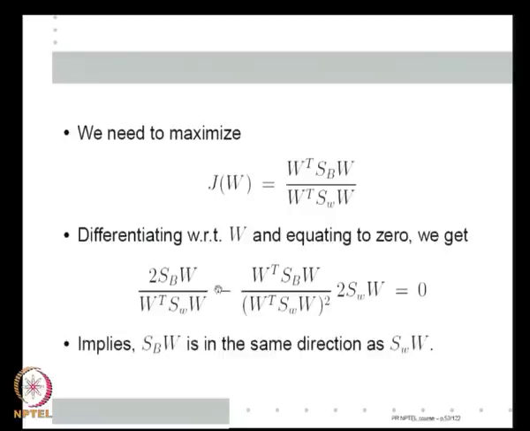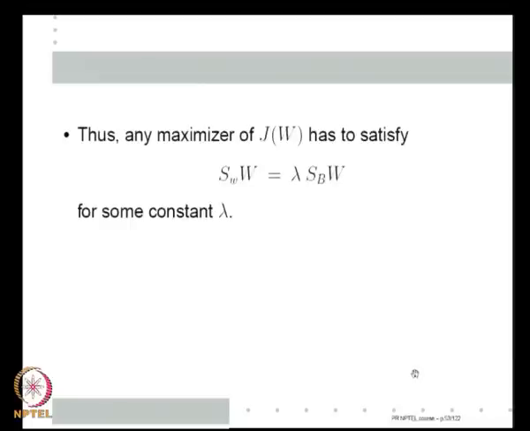So, what this implies is that the vector SB W is in the same direction as the vector SW W. So, the W that maximizes J is such that the matrix SB times W is a vector in the same direction as the matrix SW times W. Okay. Thus, any maximizer of J has to satisfy SB W equals some constant lambda times SW W.